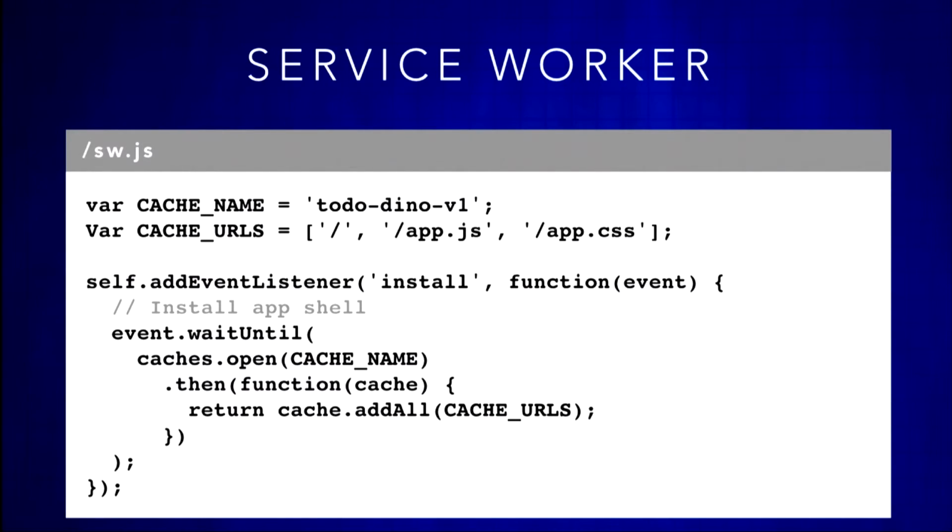This is about as simple as you can get. It defines the app shell resources, the URLs to those resources, and tells the service worker to cache those resources when the app's installed, and then the service worker can serve those resources back by proxying fetches to them.